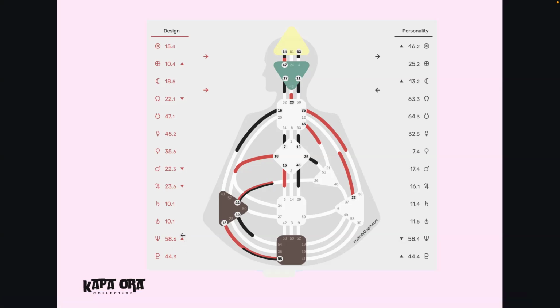Meaning I've got solid energy, like it's a strength, and this one is a challenge. Same gate, but what I'm aware of is challenging, but in the background I've got some hidden strength there.